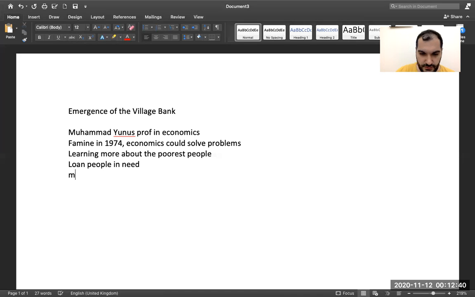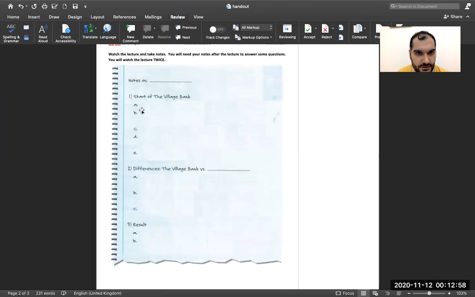And also microcredit, and you can write microcredit, which is a small amount of money that is given to the poor to help them grow their business. Okay, so we have completed 5 stages of the start of the village bank.